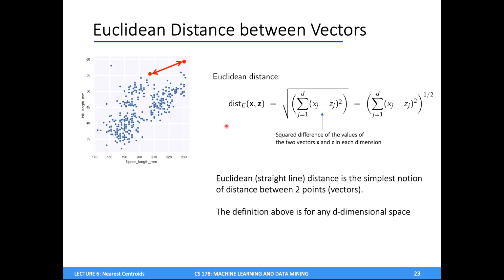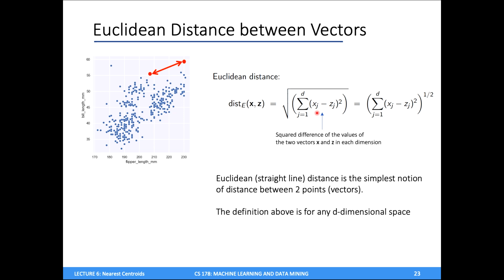Okay, the next thing we'll need in order to set up our nearest centroids classifier is a way to compute distances between feature vectors, or between data points. So if I have two data points, which are these two red dots, I'll call them X and Z, for example, I'd like to be able to compute how far away these two data points are from one another. And to do so, I'll use the Euclidean distance. This is really just the usual formula for the length between 2 points.